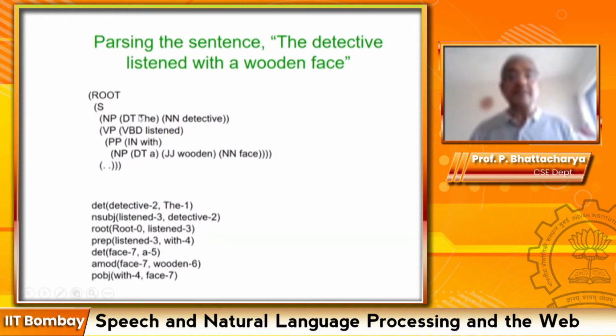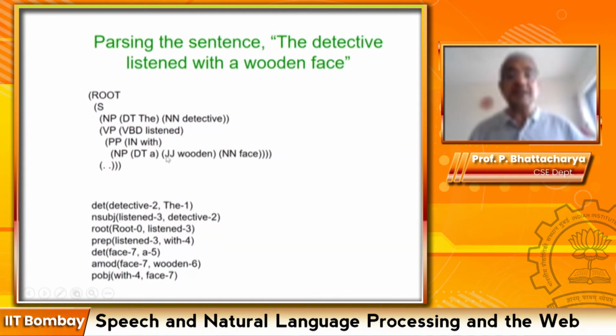Sentence is composed of noun phrase and verb phrase at the next level. The noun phrase itself has children as the and detective. So DT and N. Then the verb phrase has constituents as VBD, listened, preposition phrase, which itself is a subtree with a wooden face, and a wooden face itself is a chunk where we find DT, JJ, wooden, and face.